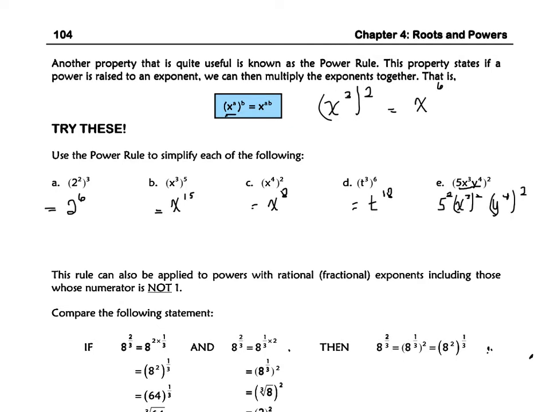When there's a product of terms inside, this is actually another property of exponents, that you can bring that power inside to each part if things inside the brackets are being multiplied by each other. It's called power of a product. So this would be 25 x to the 6 y to the 8th.